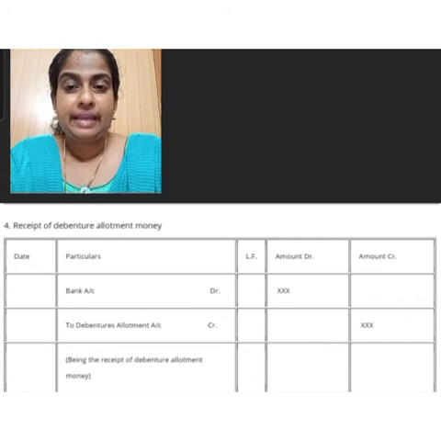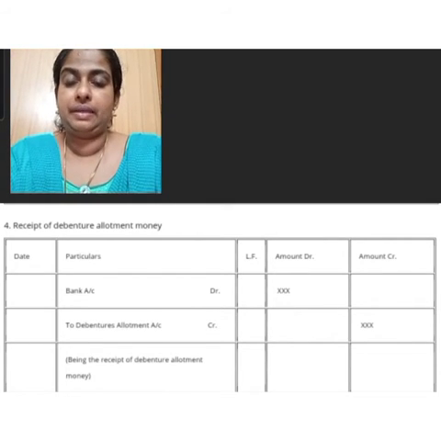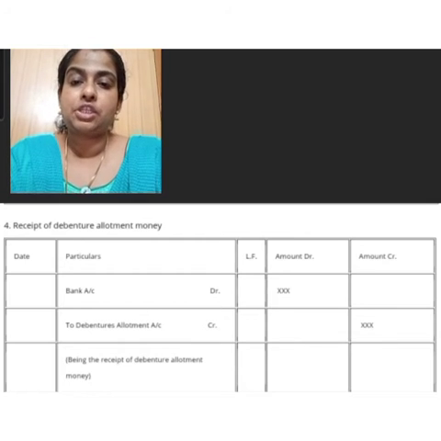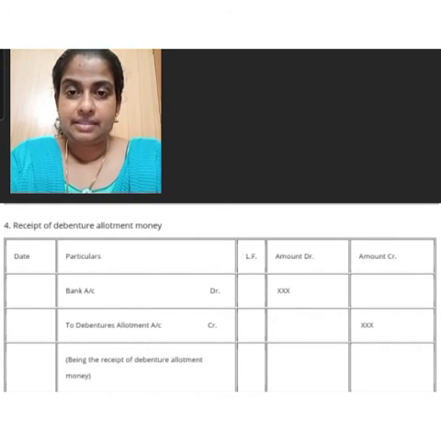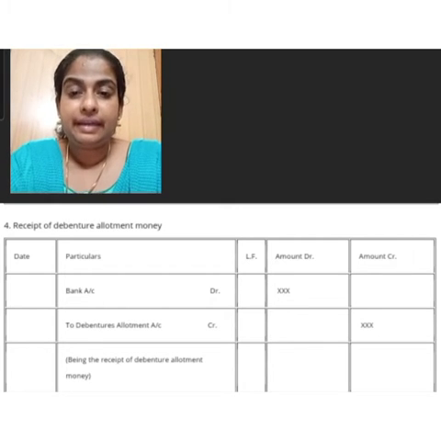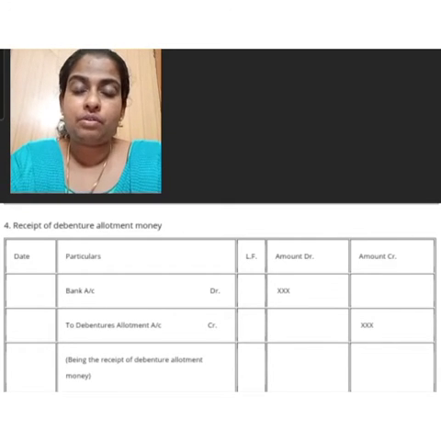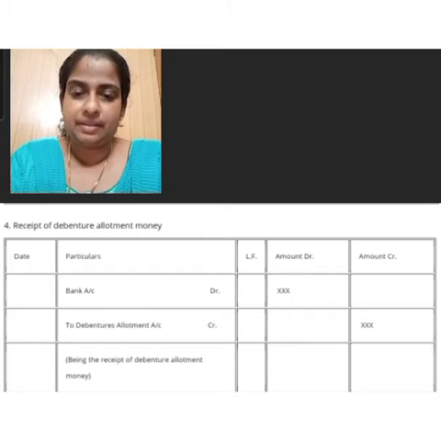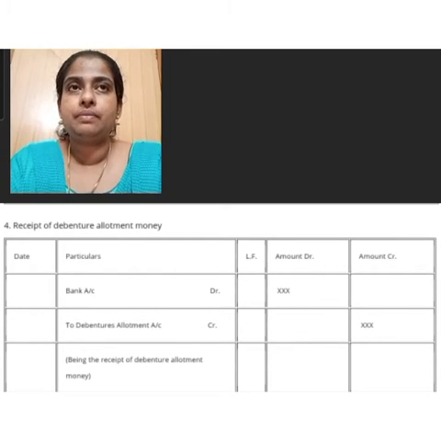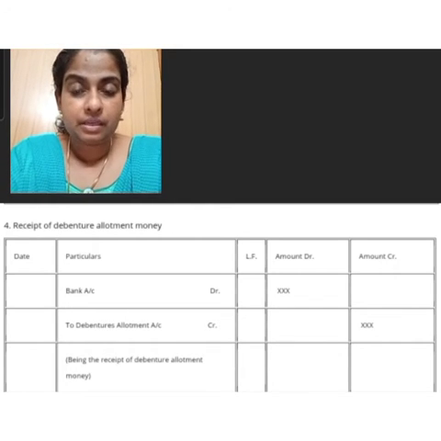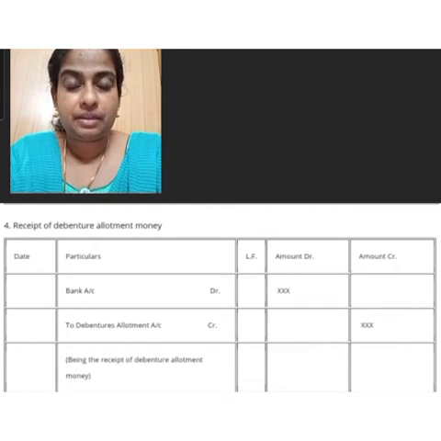If there is any excess application money received by the company and that excess application money is adjusted with allotment money, in that case we have to deduct that adjusted amount from the total amount to be received. For example, in this problem, there is an excess of 2,000 debentures' application money in the hands of the company.